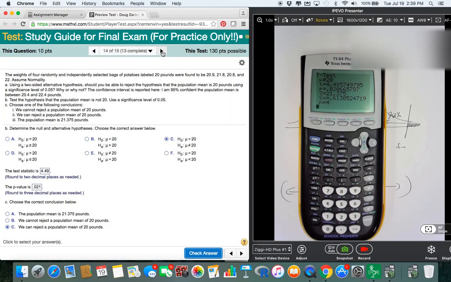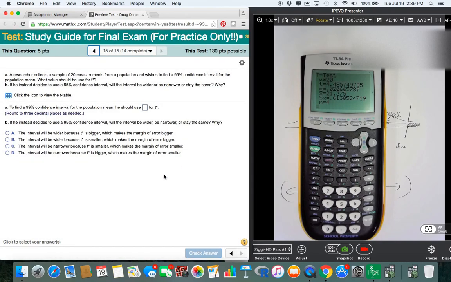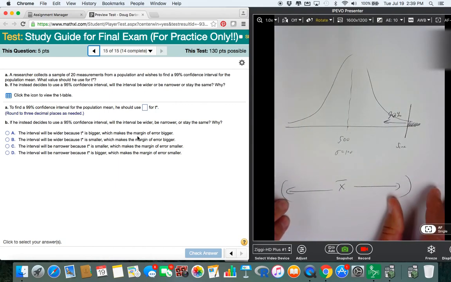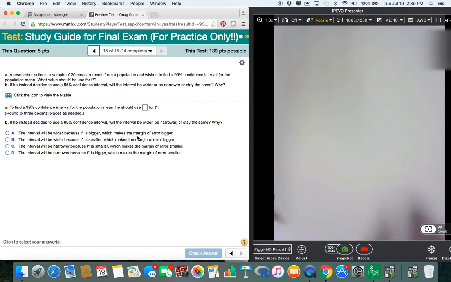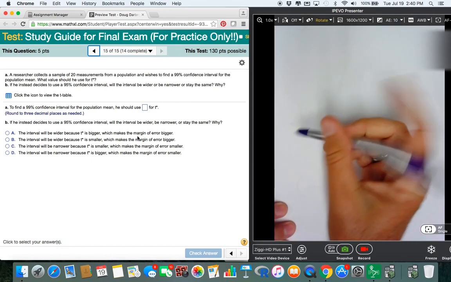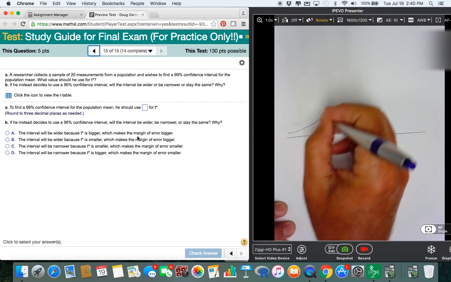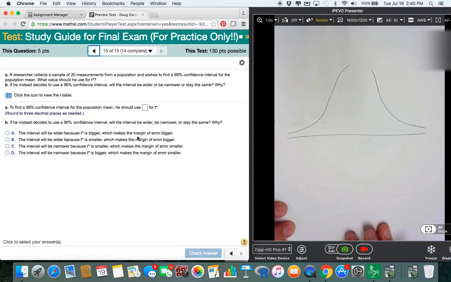All right, gang, this is the question we've been looking for, the last one. It looks like it's an easy one. A researcher collects a sample of 20 measurements and wishes to find a 99% confidence interval. What value of t? Well, we've already done one like this, but let's be consistent and work it out. Same situation here, right? Just scratch a sheet of paper, draw a normal distribution. It doesn't have to be pretty.